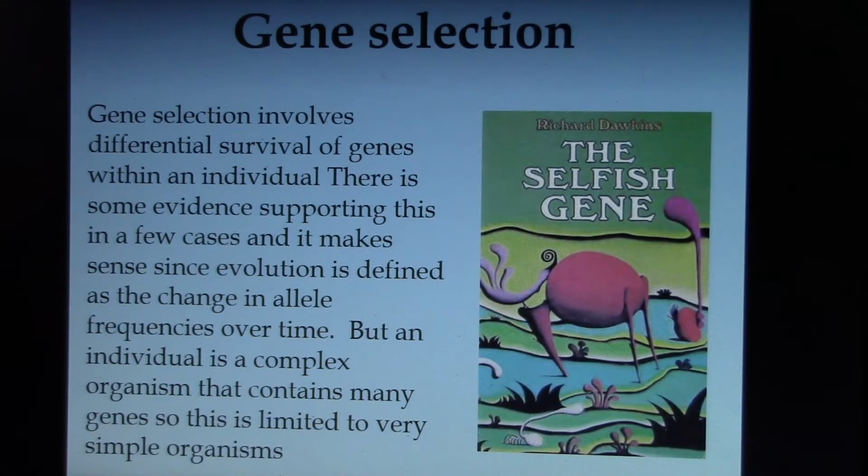And there are not very many examples of this, because this would require a differential input of a single gene and its alleles on the survivability and the possibility of successful reproduction for that organism.